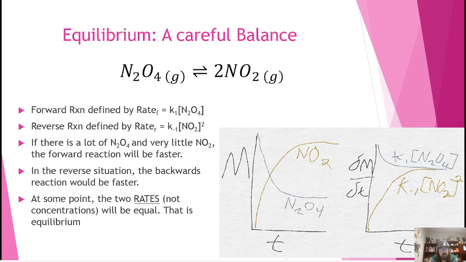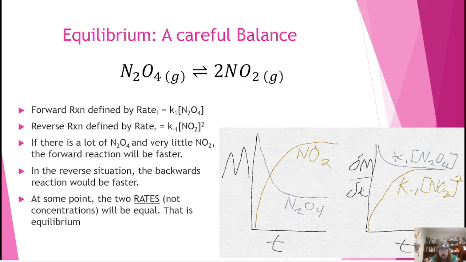Now, at the beginning, there is a lot of N2O4, very little NO2, and so the forward reaction is going to proceed quickly, and NO2 is going to grow in. But suddenly, as NO2 is growing in, the reverse reaction is going to start occurring more quickly. And so if we look at, instead of the concentration versus time, the rate versus time, we'll see the rate of the forward reaction is fast and it slows down, and the rate of the reverse reaction is slow and speeds up to the point where they meet.